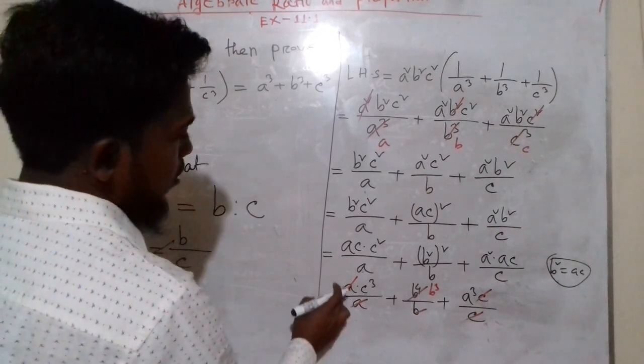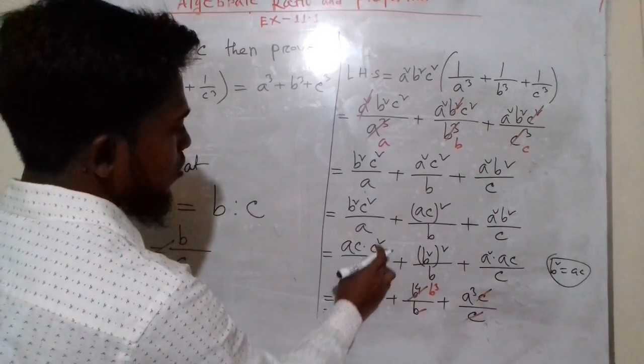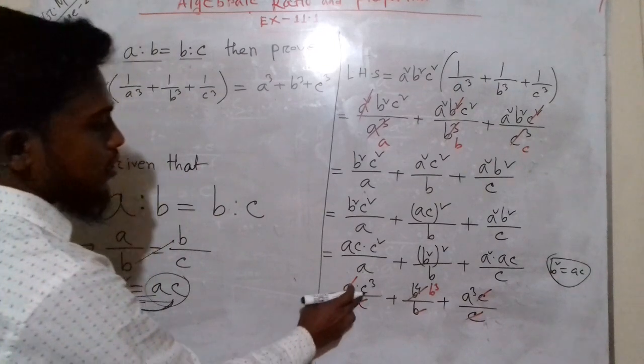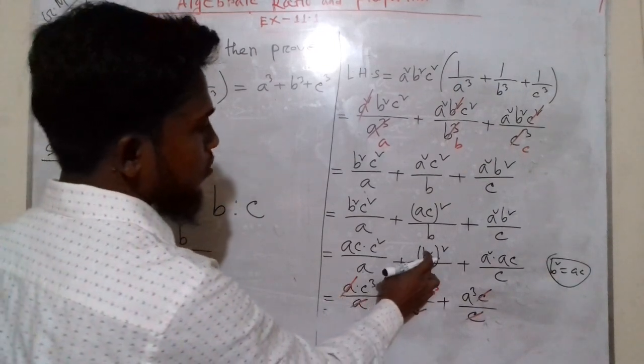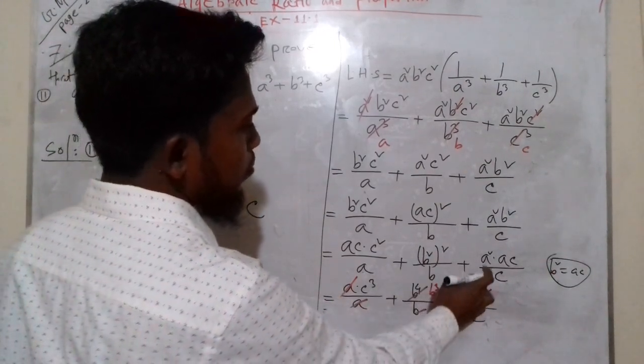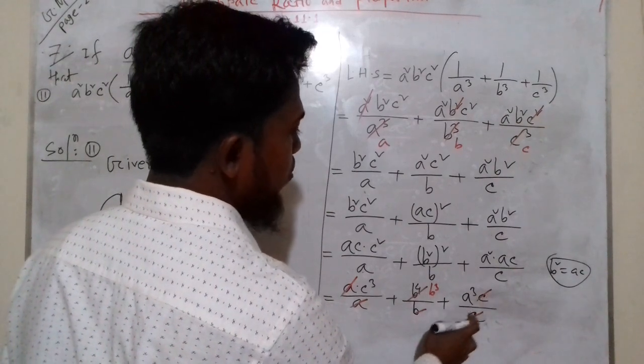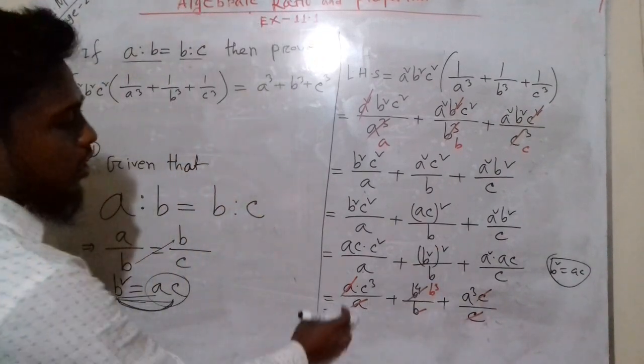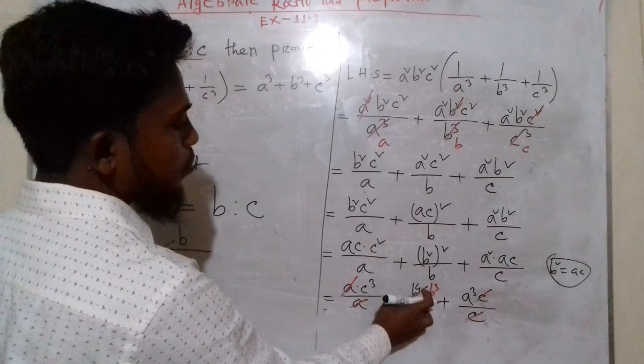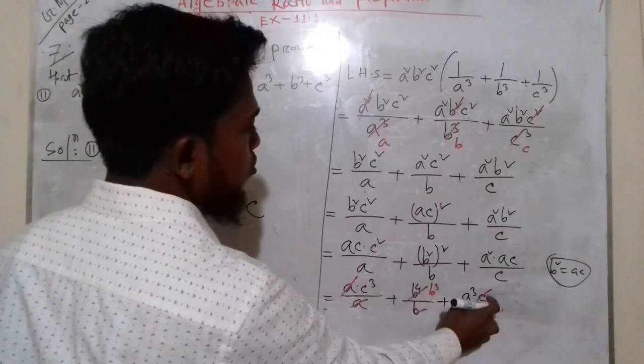Now we can write a into c cube divided by a plus b power 4 divided by b plus a cube into c divided by c. Now we cancel a upon a, b upon b power 4, that means b cube, c upon c cancelled.